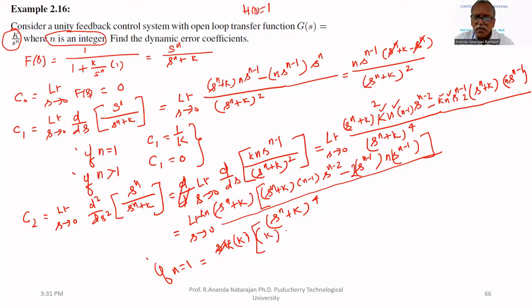N equal to 1 means this part becomes 0. This becomes 1, this also becomes 1, 1 minus 2.